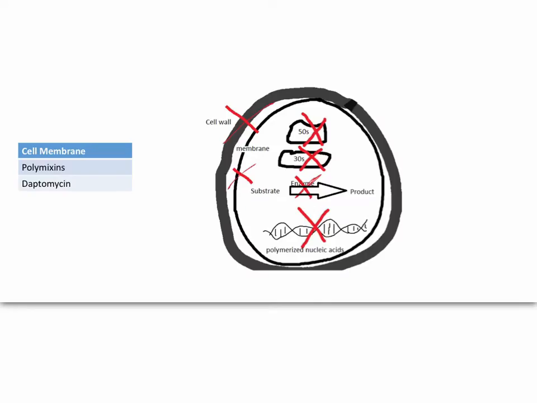The next group of things inhibit or interrupt the cell membrane. So the polymyxins and the daptomycins, they will interrupt the cell membrane. These aren't used a whole lot because every creature has a cell membrane.